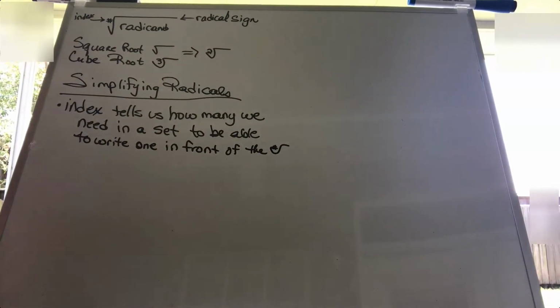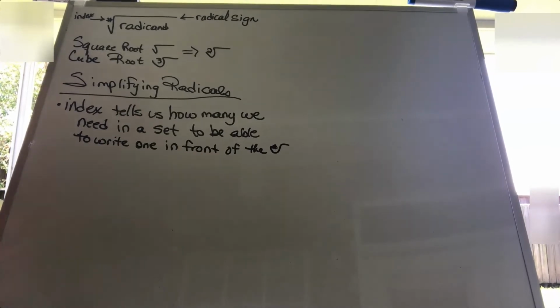So that we can write 1 in front of the radical sign, whatever. That's just a number sign there for whatever index you have there.